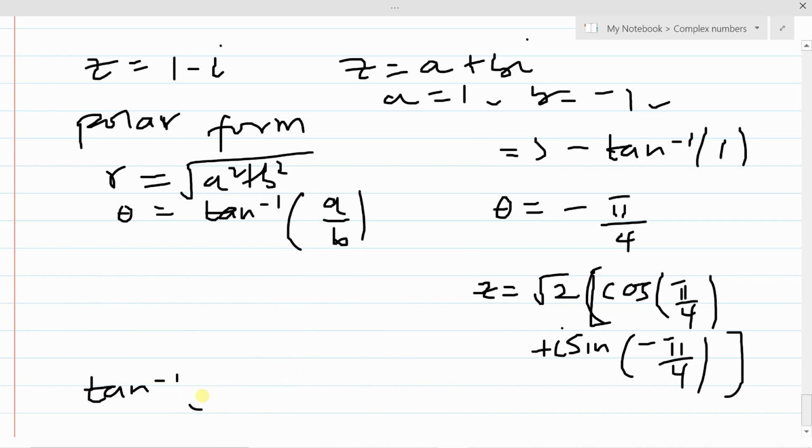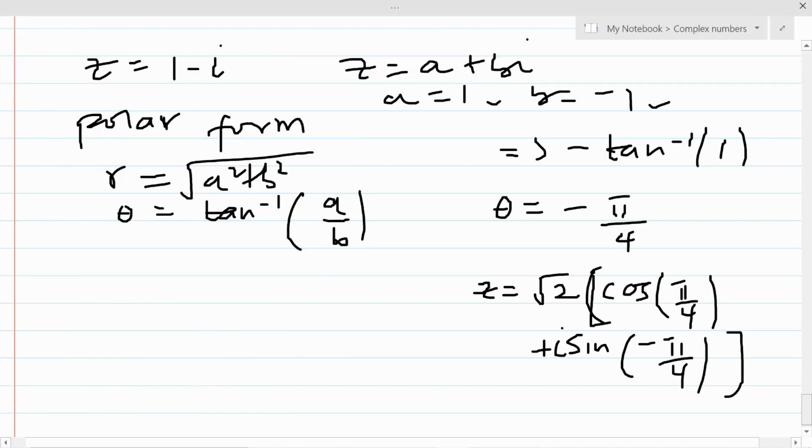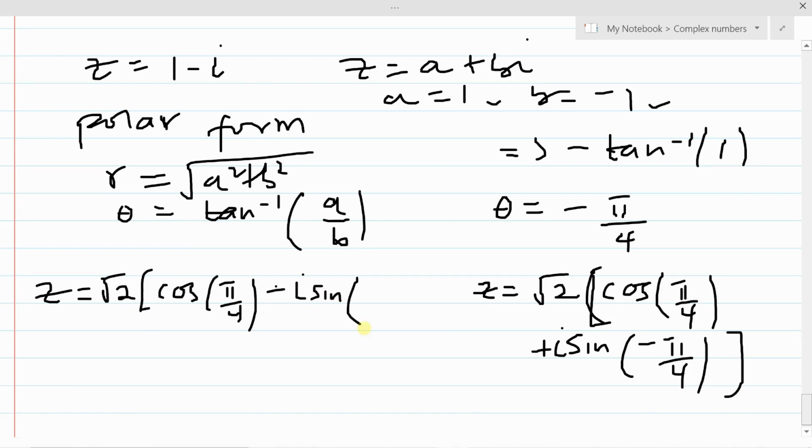But for sine, the sine of a negative number is negative sine of the positive number. So the whole of this can be written as z is equal to square root of 2 into cos pi on 4, then minus I sine pi on 4. Okay, so that is it for the polar form of this complex number z.